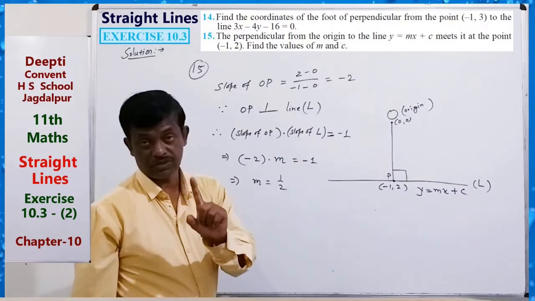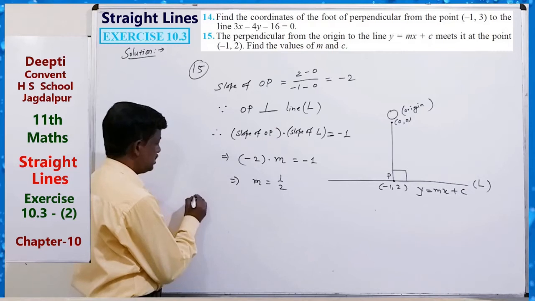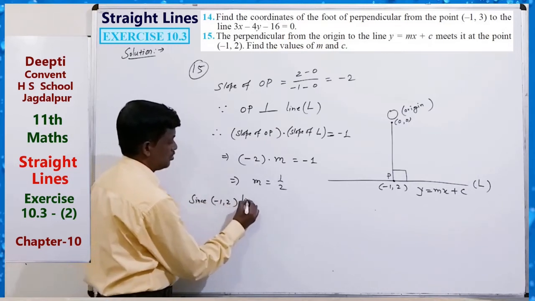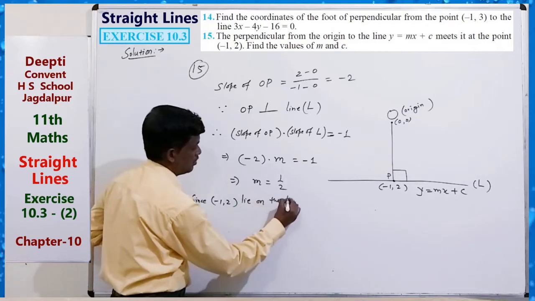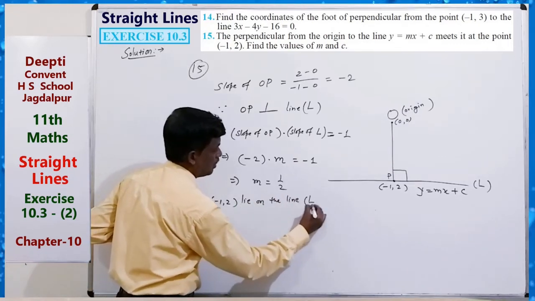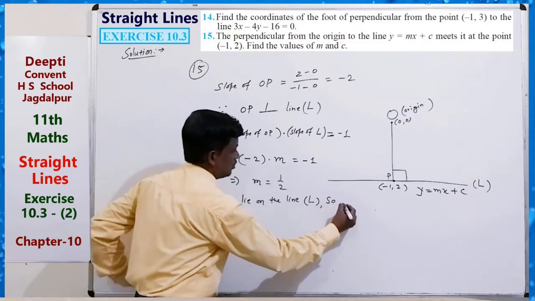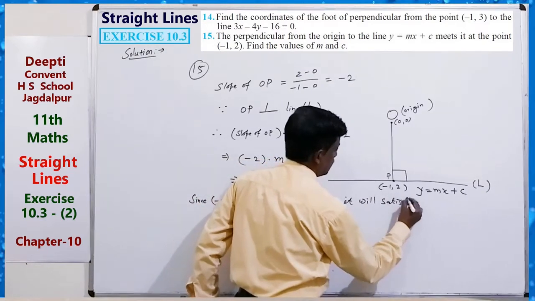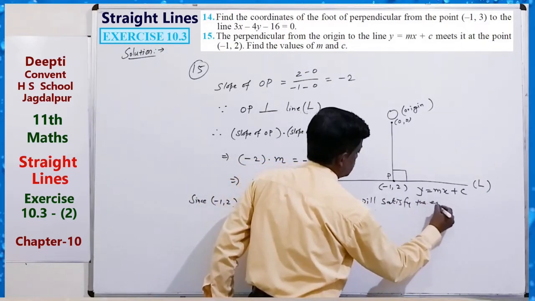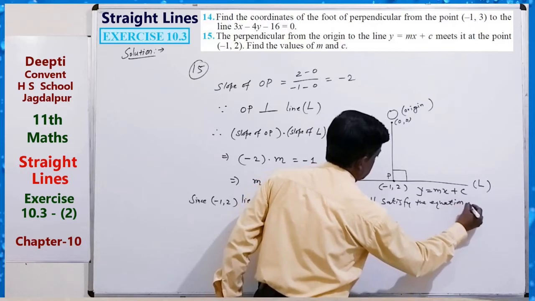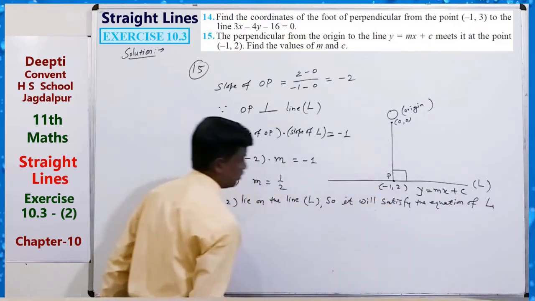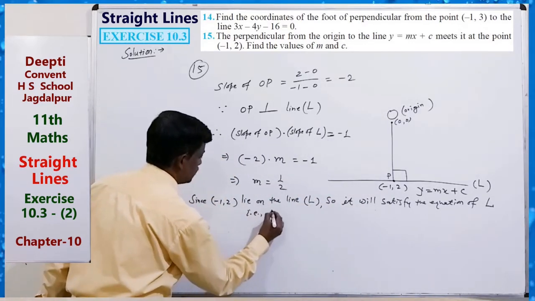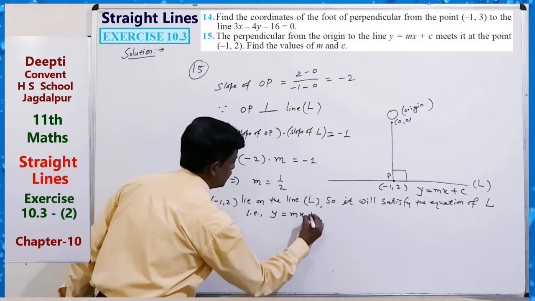And now the value of c. Since minus 1, 2 lies on the line L, it will satisfy the equation of L, that is y equals mx plus c.